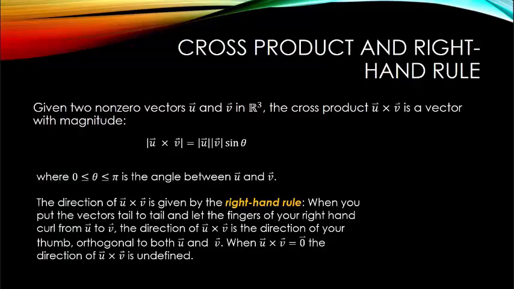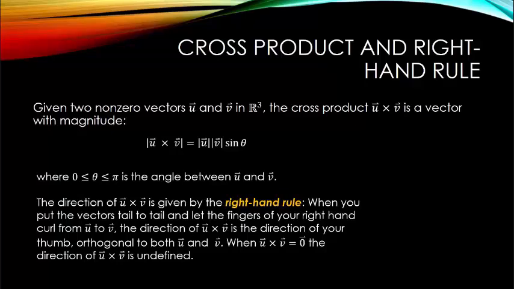When I put the vectors tail to tail and let the fingers of the right hand point in the direction of u and then curl to the direction of v, the direction that my thumb points will be the direction of the cross product, which is orthogonal to both u and v. When the cross product of u and v is equal to the zero vector, the direction of the cross product will be undefined.